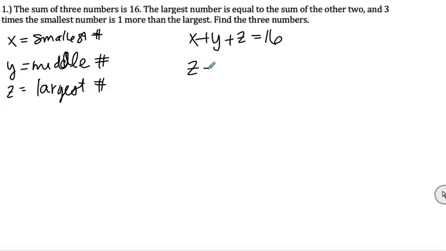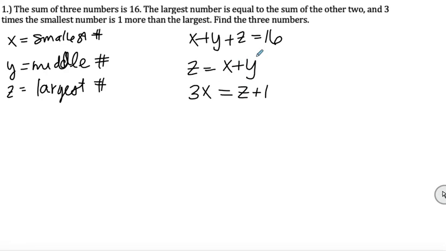So z must equal the sum of the other 2, and 3 times the smallest number is 1 more than the largest. So 3 times the smallest number is, so I use an equal sign, 1 more than the largest. So that would be z plus 1.